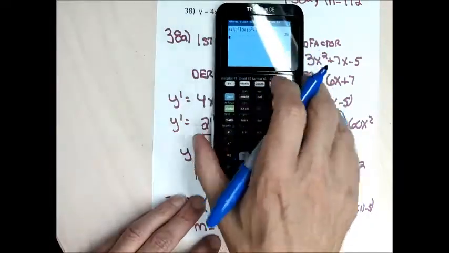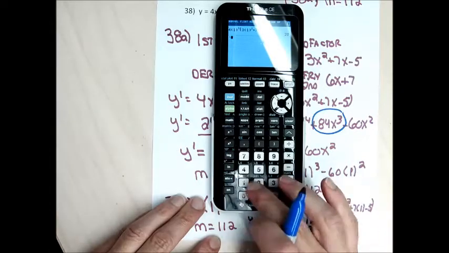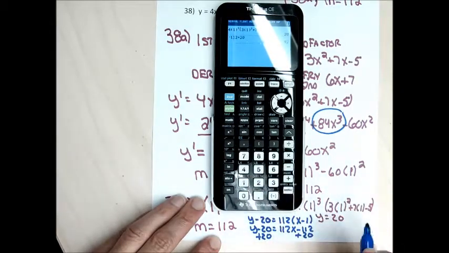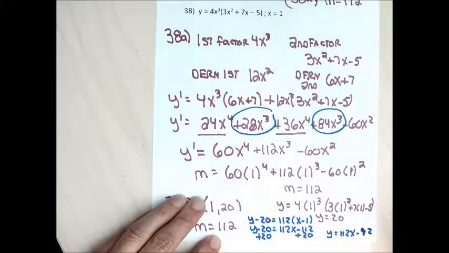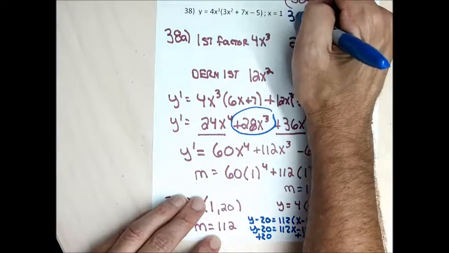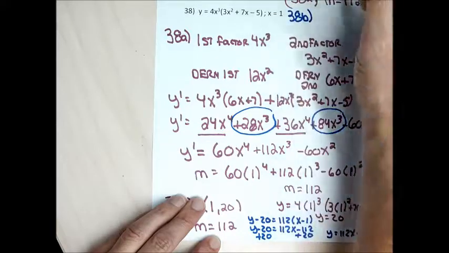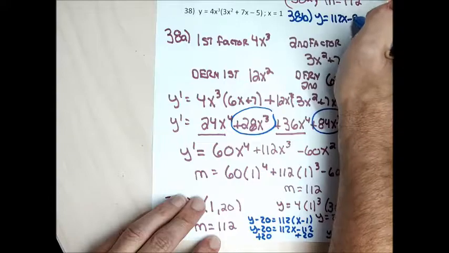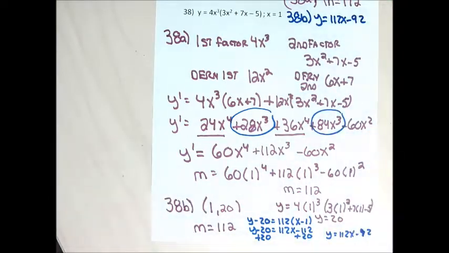On the left-hand side, that's easy, but on the right-hand side, I need to do minus 112 plus 20, and that's going to give me minus 92. So I'm going to get y equals 112x minus 92. That's going to be the answer to part B. So for 38b, I'm going to get y equals 112x minus 92.